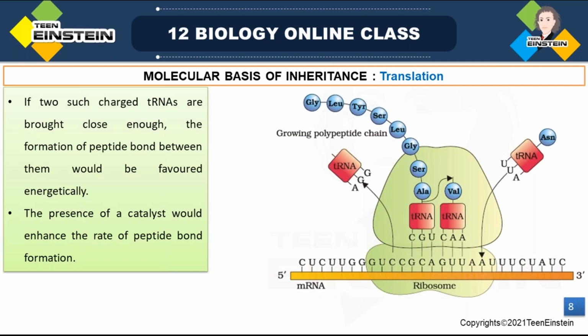So the presence of a catalyst enhances the rate of that peptide bond formation. Whenever two charged tRNAs are brought nearby, that favors the peptide bond formation, and the presence of a catalyst increases its rate. Got it?